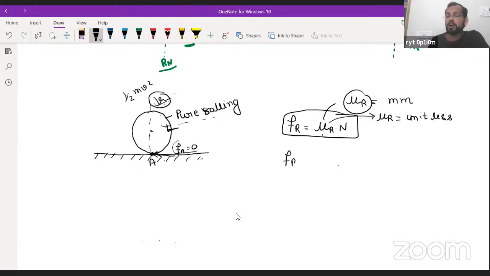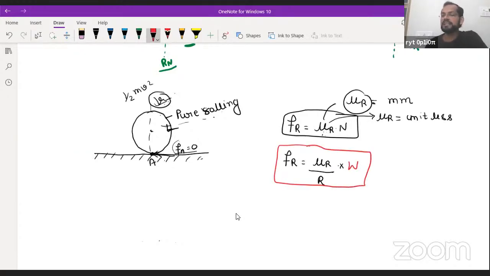The formula will be something like this: mu r divided by the radius of that disc, into N. And N is the weight of that body. Fine. This formula you will use when the unit is given in mm. And it is also known as the coefficient of rolling resistance.